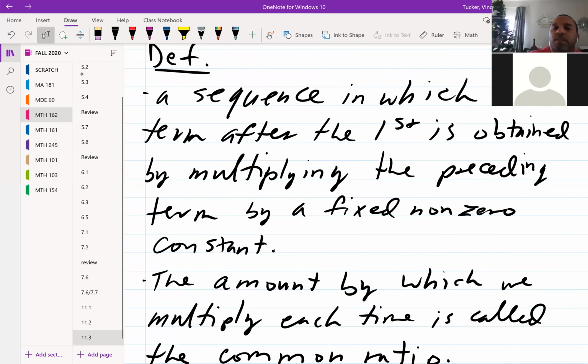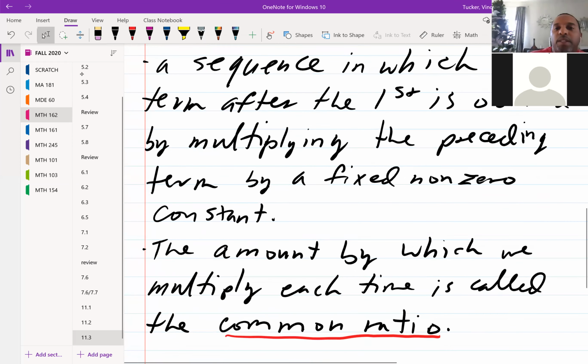The definition of a geometric sequence is a sequence in which each term after the first is obtained by multiplying the preceding term by a fixed non-zero constant. The amount by which we multiply each time is called the common ratio of the sequence.